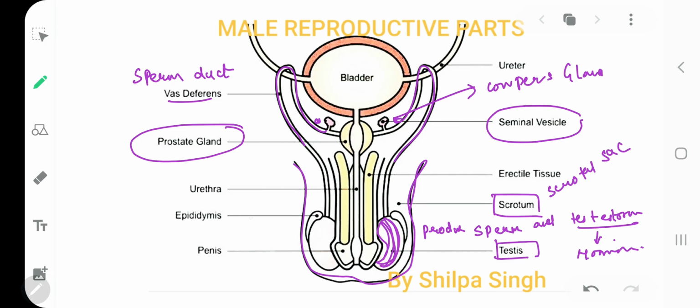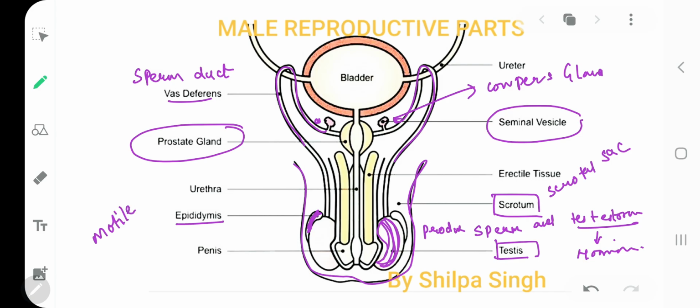Over the testis, you can see the epididymis here. Can you notice? In the epididymis, the sperms are stored, they mature there, and they become motile. That is, they come into movement.